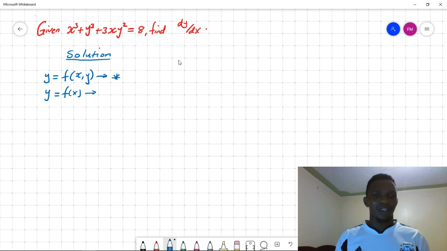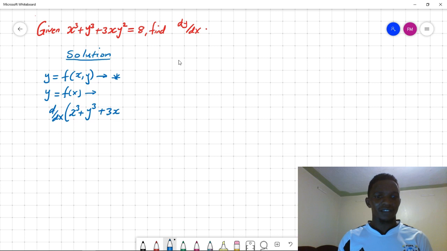So we will start by differentiating with respect to x on both sides of the equation, and therefore we will have d/dx of x cubed plus y cubed plus 3xy squared is equal to d/dx of 8.